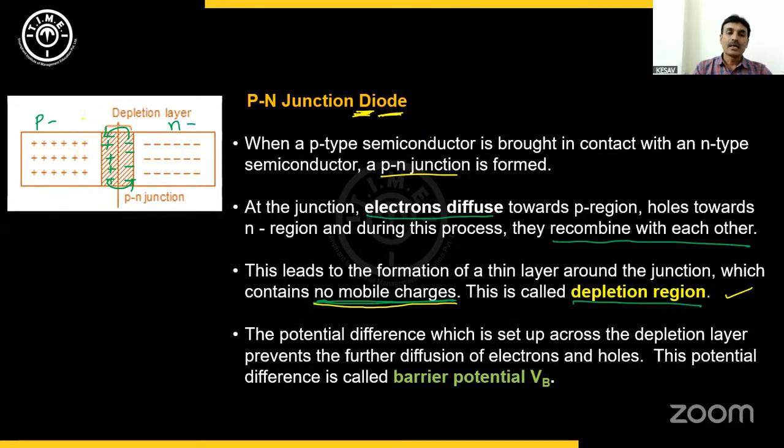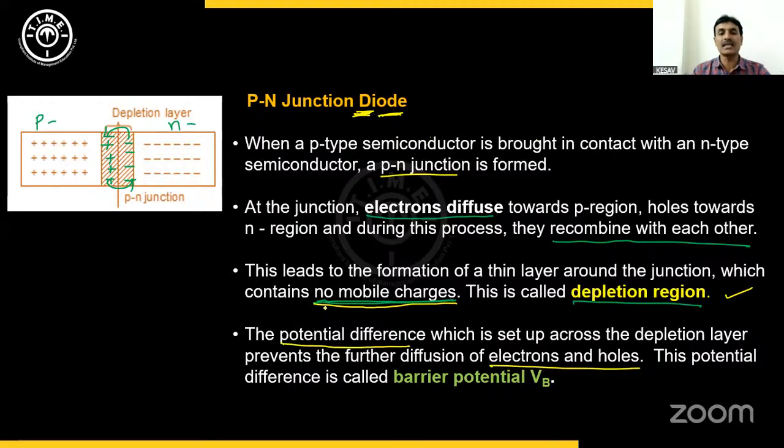Coming to this depletion region, to the left of the depletion region we have positive charges, a higher potential. And to the right, there are negative charges, so it leads to a negative potential. Across this depletion region, there is a certain potential difference. The potential difference which is set up across the depletion layer prevents further diffusion of electrons and holes.